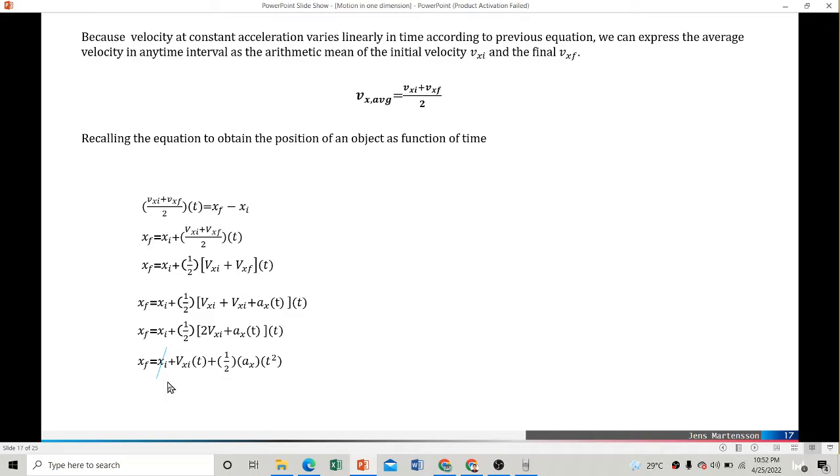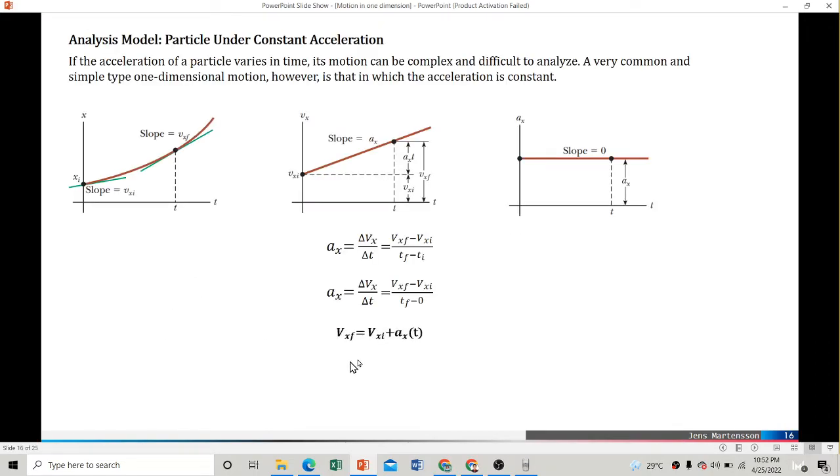And for the other equation that I presented earlier, if there is no distance in the given problem, we can use it, if we have velocity and the acceleration or the time.